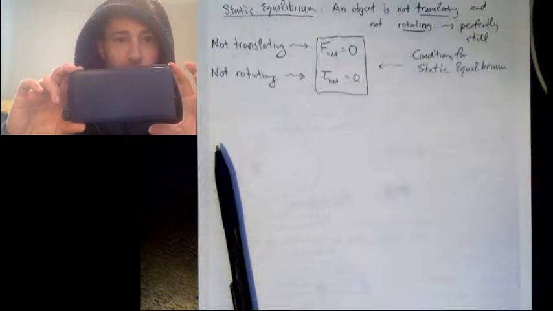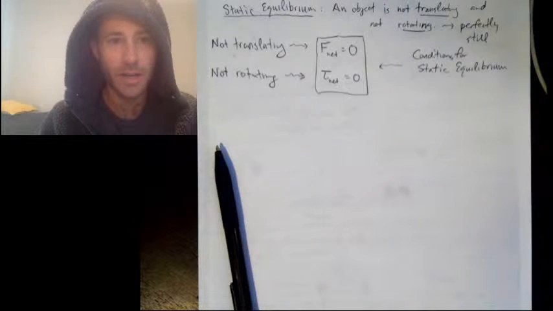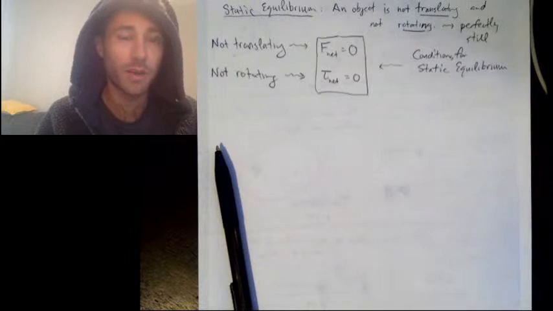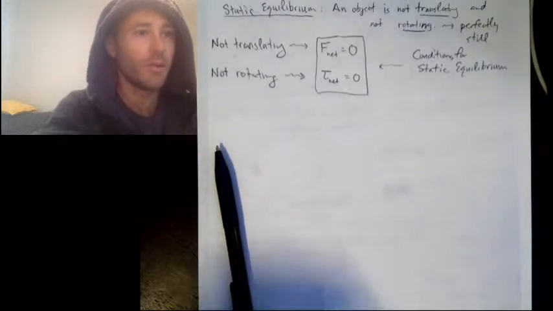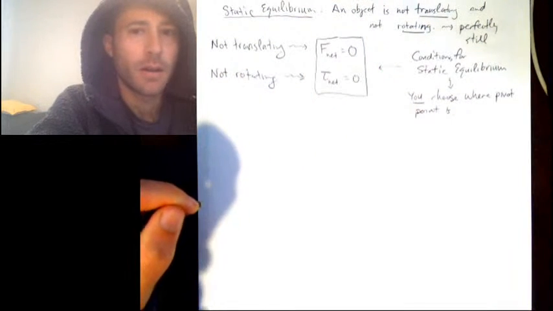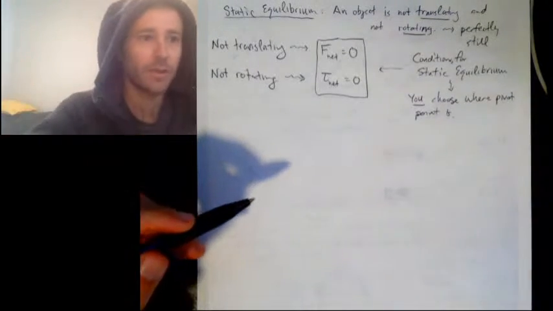So in a static equilibrium problem, you get to choose the pivot point. You can choose it to be at any location you want it to be. In just a second, I'm going to provide a suggestion for where you should put the pivot point. But in general, you choose where the pivot point is. That's only for a static equilibrium problem because the entire thing is not moving.